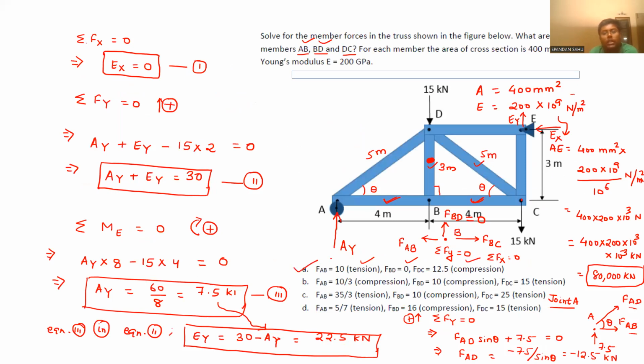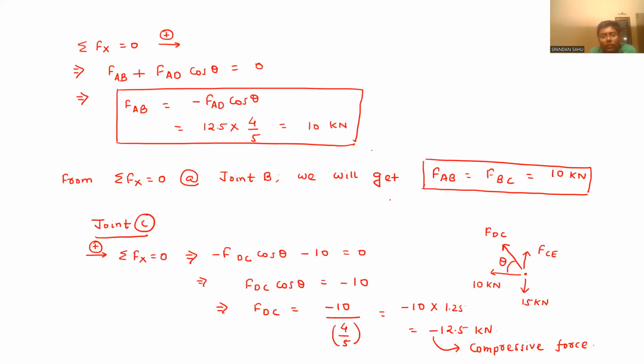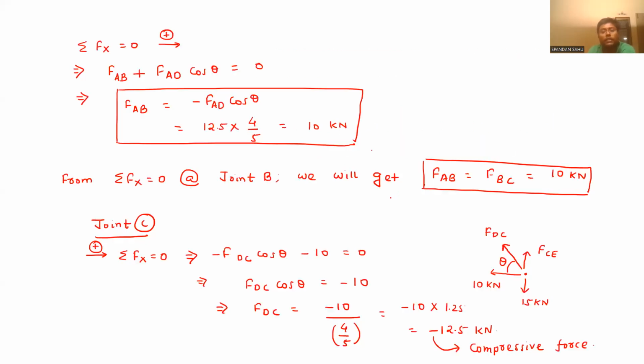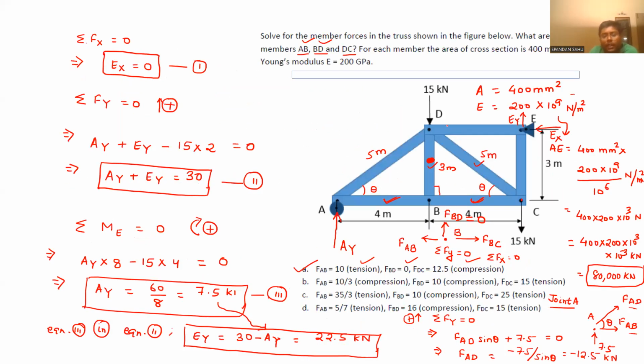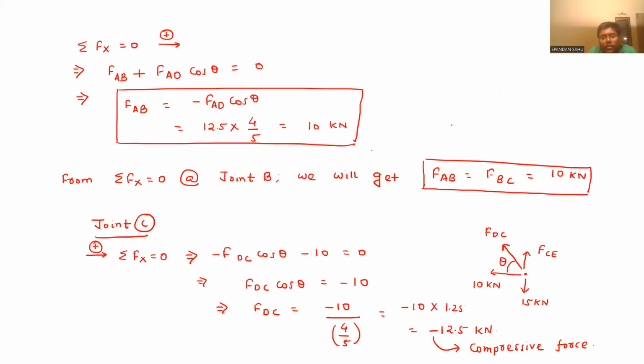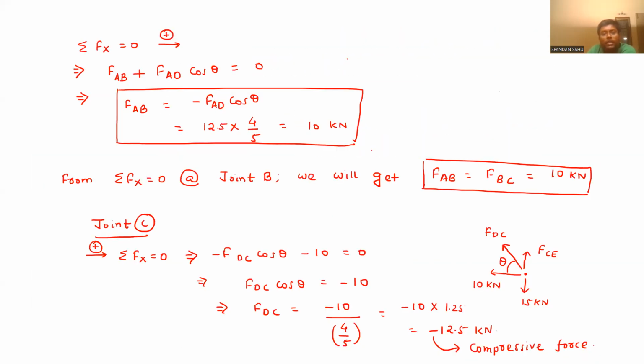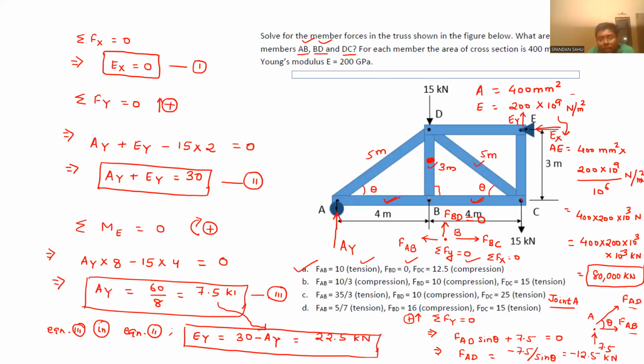So A option is the correct one. Now, for this question only, we need to calculate the displacement at joint B. That is the vertical displacement we need to calculate.